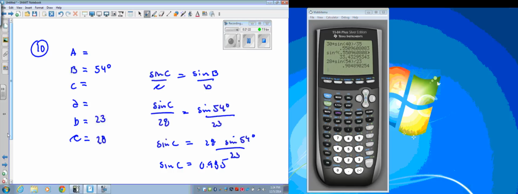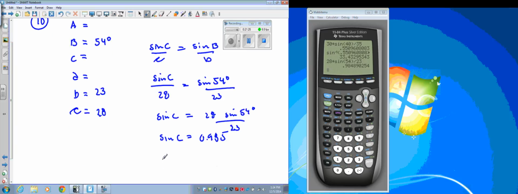I'm going to show you the angle that we have here. The angle C is going to be sine inverse of this 4.985. But I'm going to do it accurately because I'm going to use this value right here.